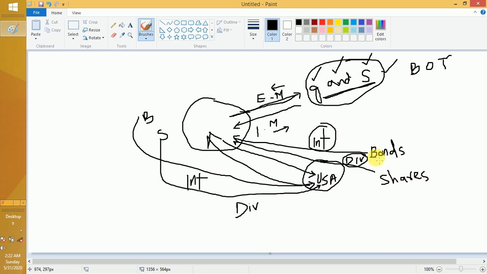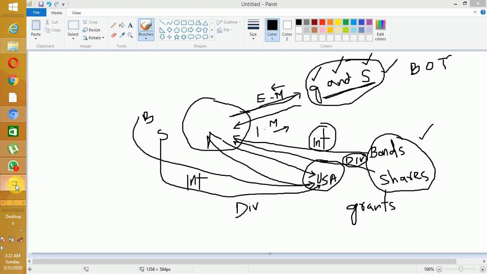Bonds and stocks are not that big a component. Same is the case of unilateral current transfers, that is grants. It is also not a big item. So the biggest item is goods and services. That's why we call it balance of trade.